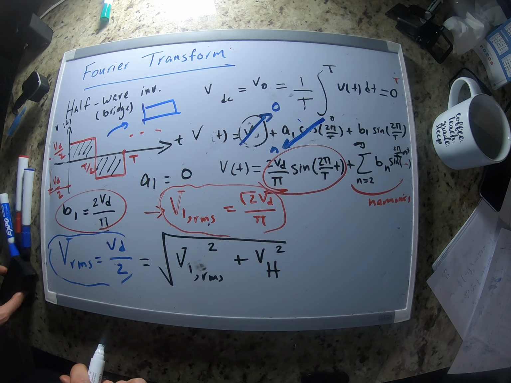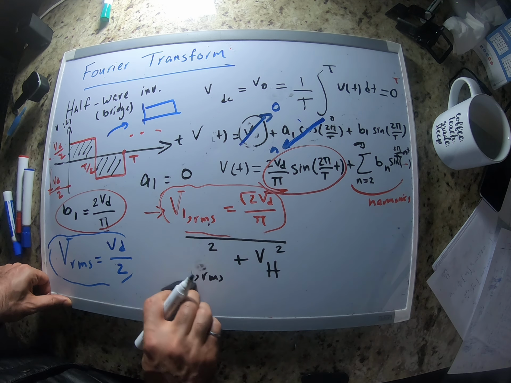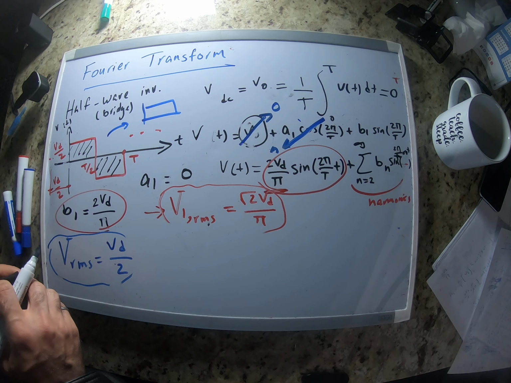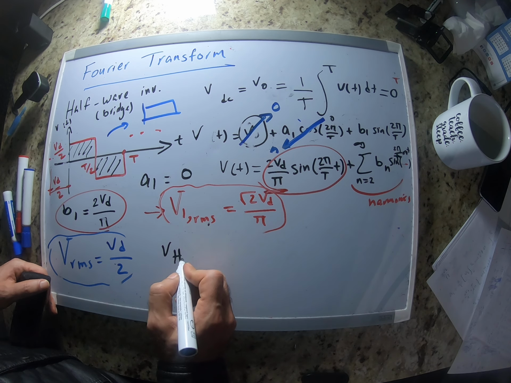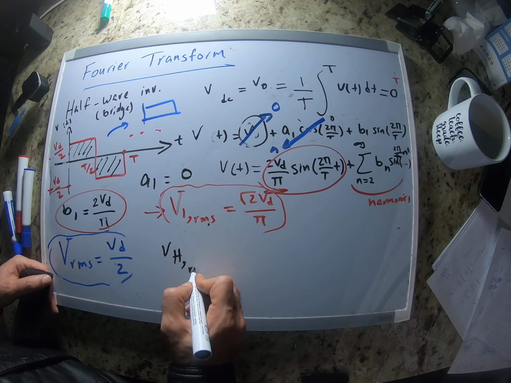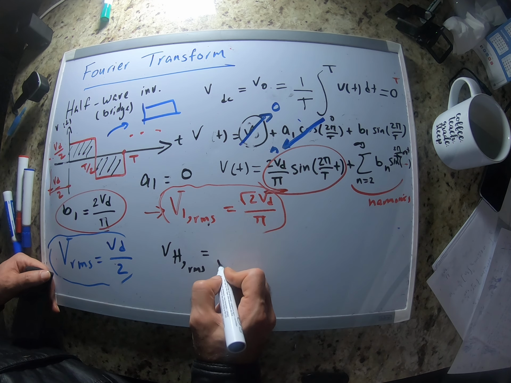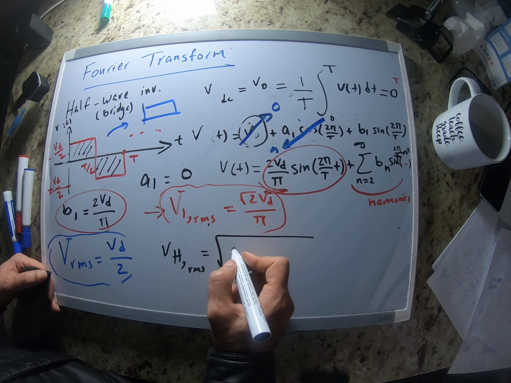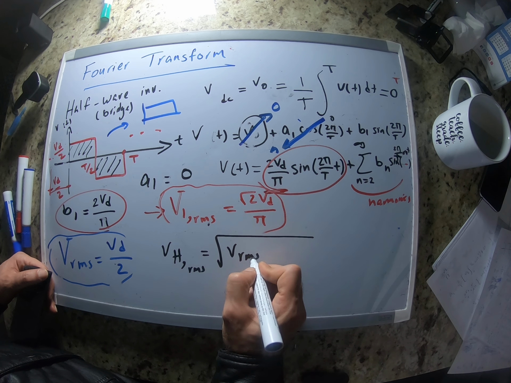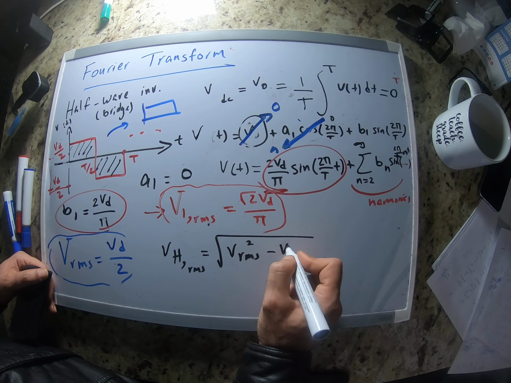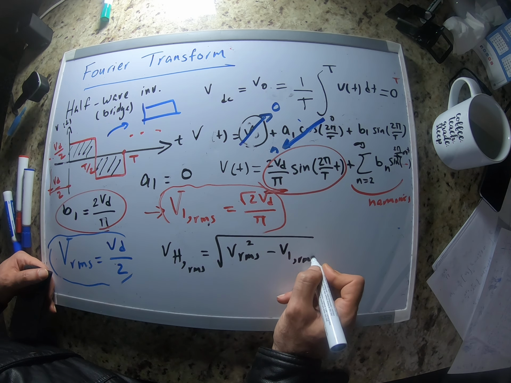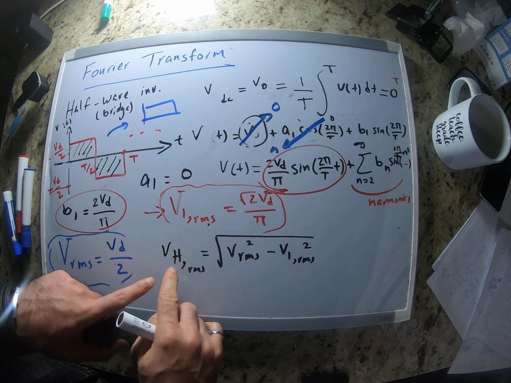So I can write VH, which is the RMS value of the harmonics, as the root of V RMS squared minus V1 RMS squared. These are like vectors.